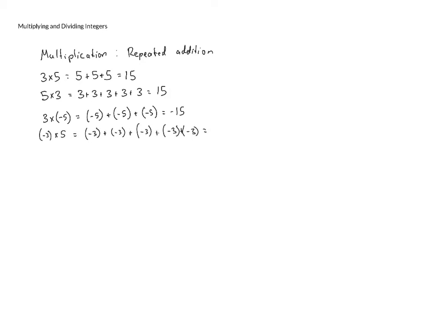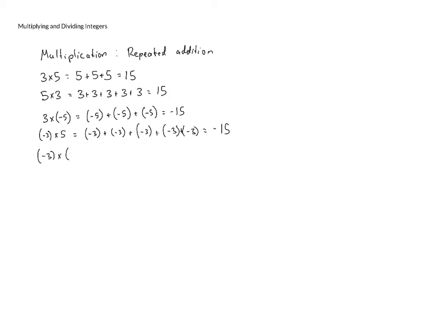And if we add these up, negative 3 plus negative 3 is negative 6. Then we add another negative 3 to get negative 9, another for negative 12, another for negative 15. And so we end up with negative 15 again. So whether it's a positive times a negative or a negative times a positive, we both end up with a negative answer.